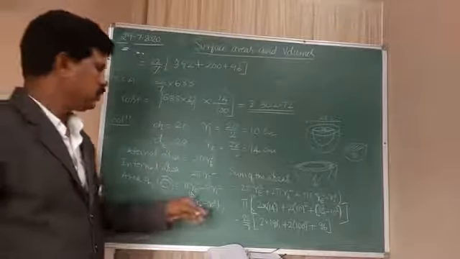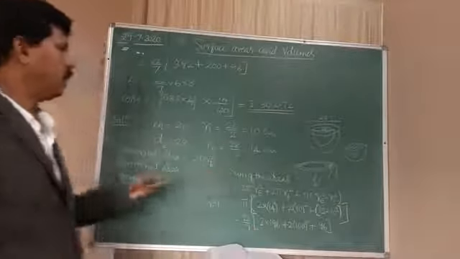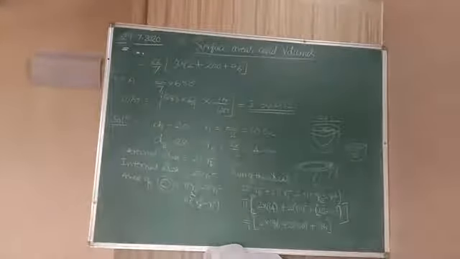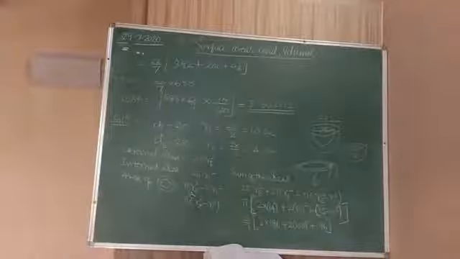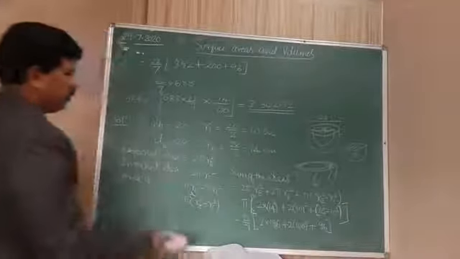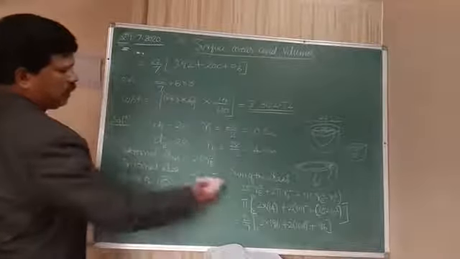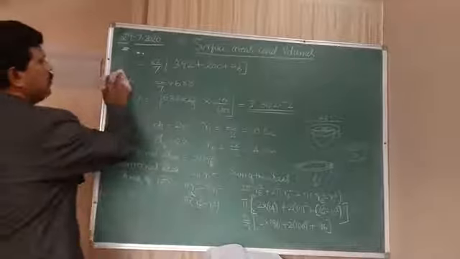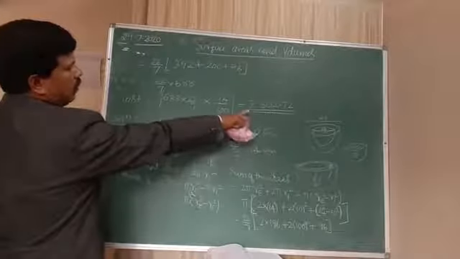Clear? So this is how I have taken the whole thing, that means adding the surface areas, the inner surface, the outer surface, like that. Now, if you are not willing to do it like this, are you clear on this? Now I am rubbing this. So the total amount is this.